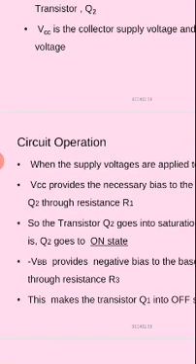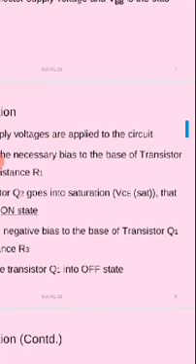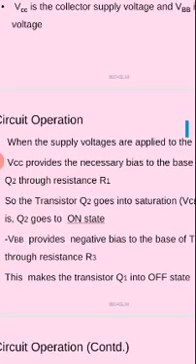So the transistor Q2 goes into saturation, VCE sat, that is Q2 goes to on state.